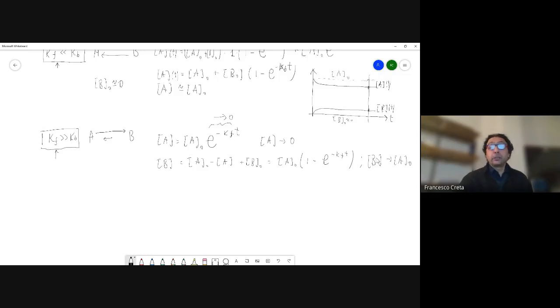The situation that you have here is rather the opposite of what we've seen before. Again, this is t. This is your initial value A0. You see that B now will tend to A0 like this, B of t, and A will tend to 0.